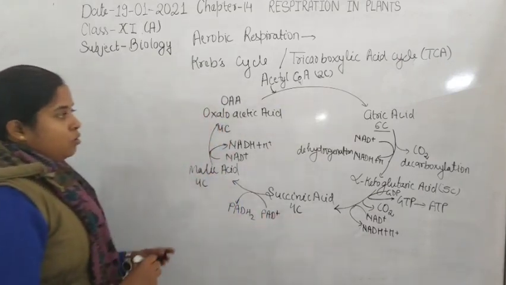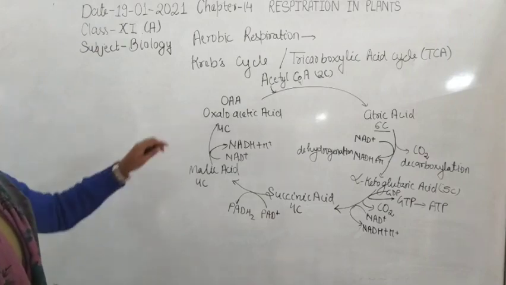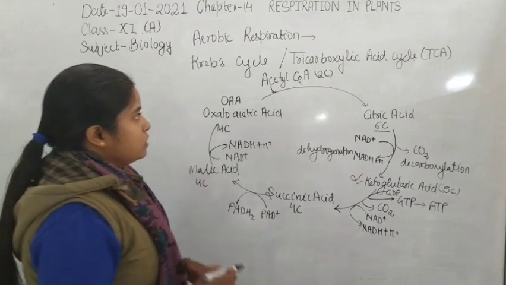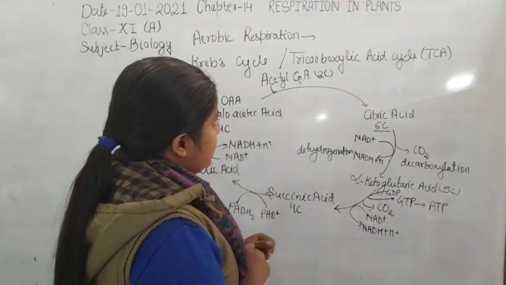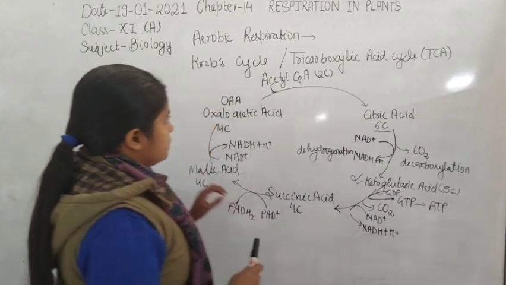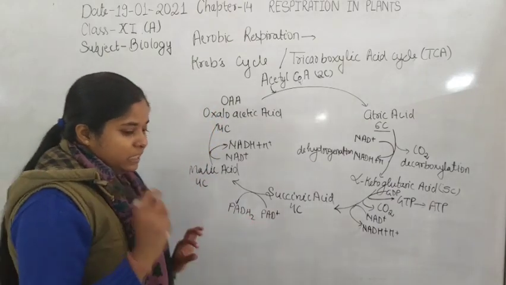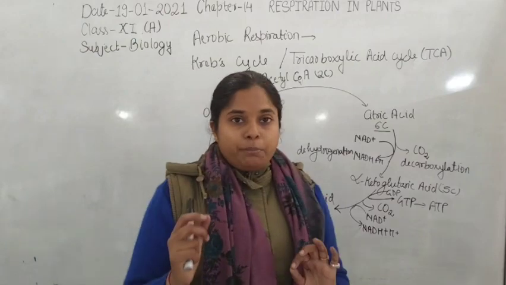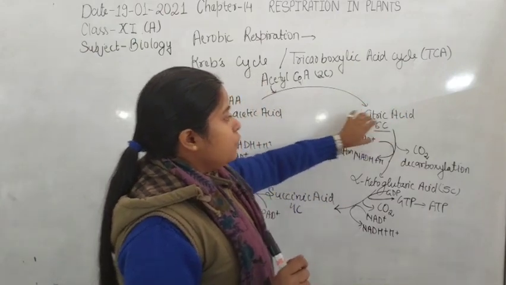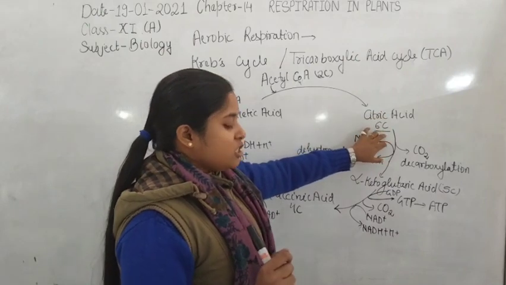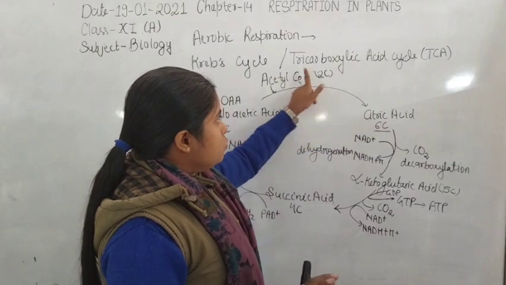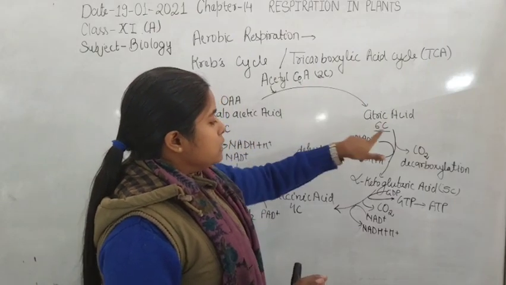So the whole reaction is the Krebs cycle, also known as the tricarboxylic acid cycle, in which citric acid forms. It is tricarboxylic because 3 carboxylic groups are present in citric acid. The first compound formed is citric acid, with 3 carboxylic groups. That's why this is known as the tricarboxylic acid cycle.